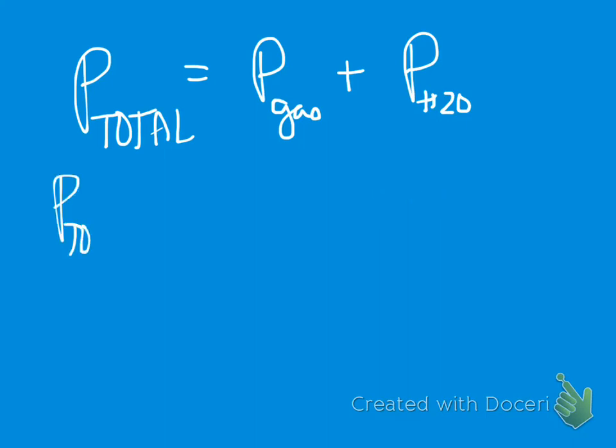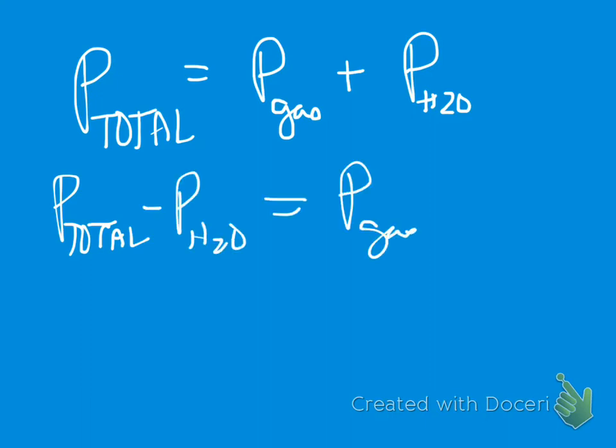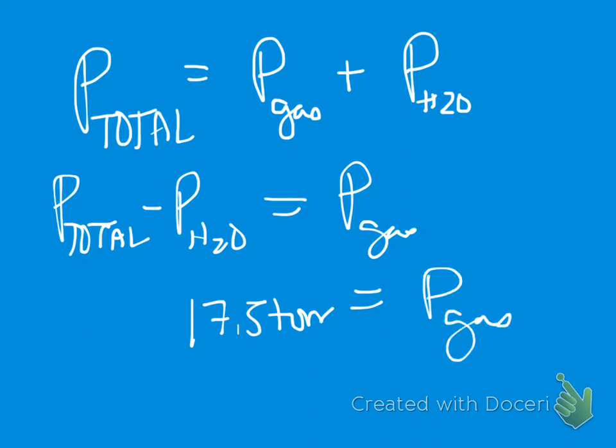Oh, and I should have rearranged first. So P total minus P of water equals the P of our gas, pressure of our gas. And so we've got this as 17.5 torr. How do we get the total pressure? Where does that come from? Well, is that glass collecting bottle exploding or imploding in on itself?